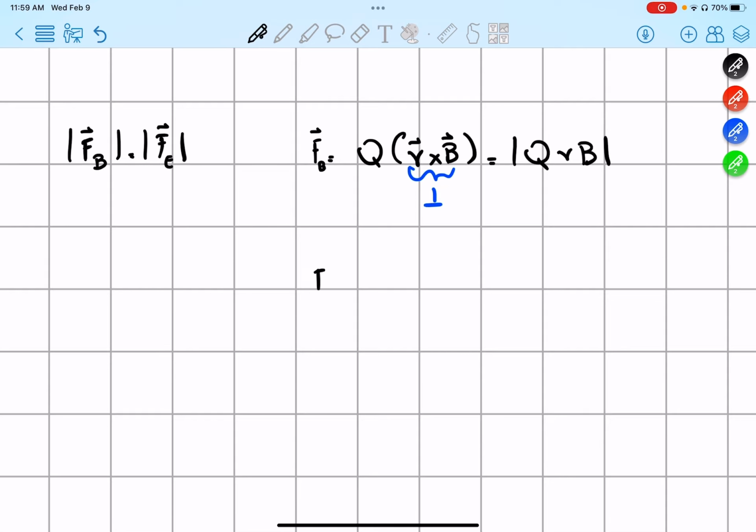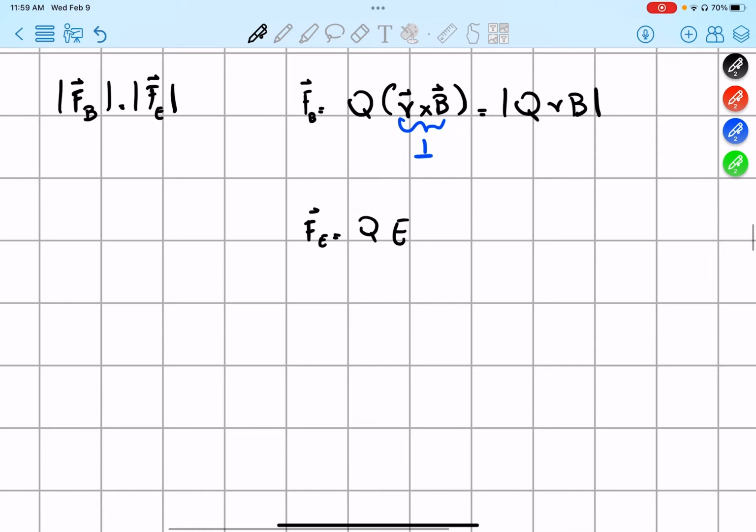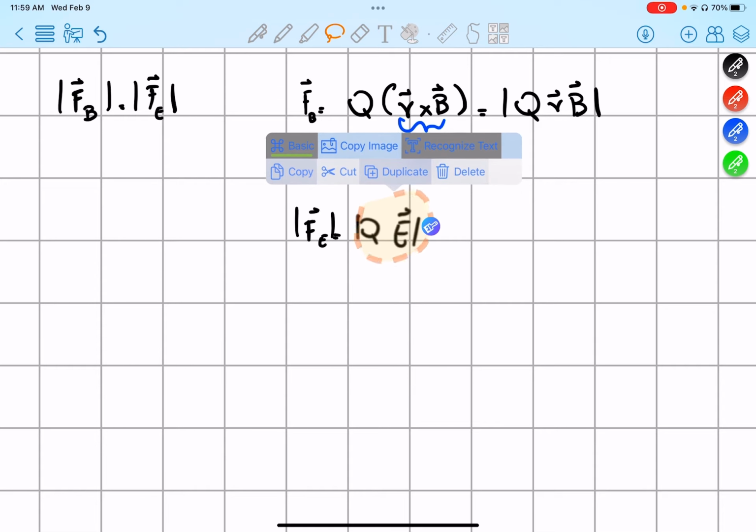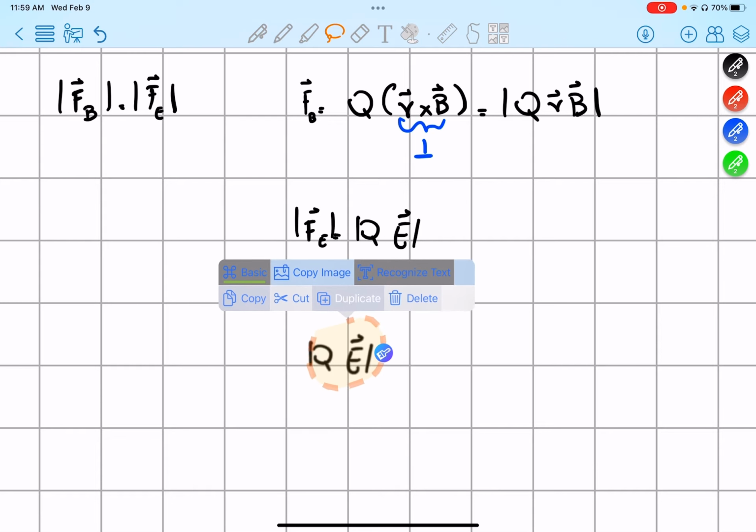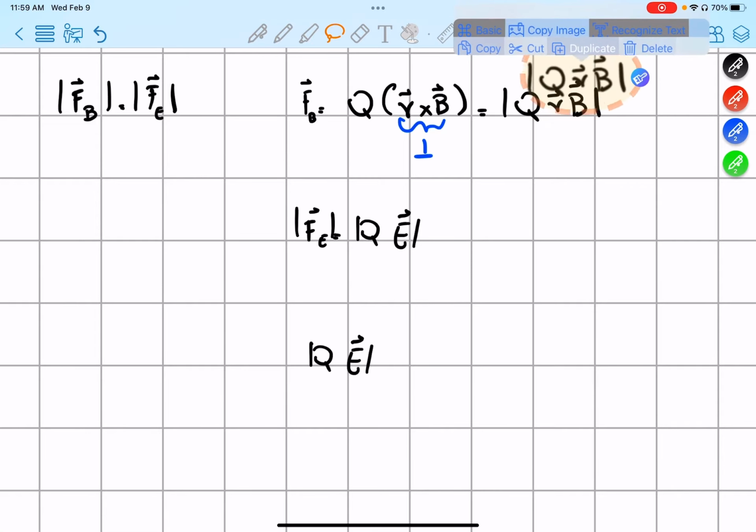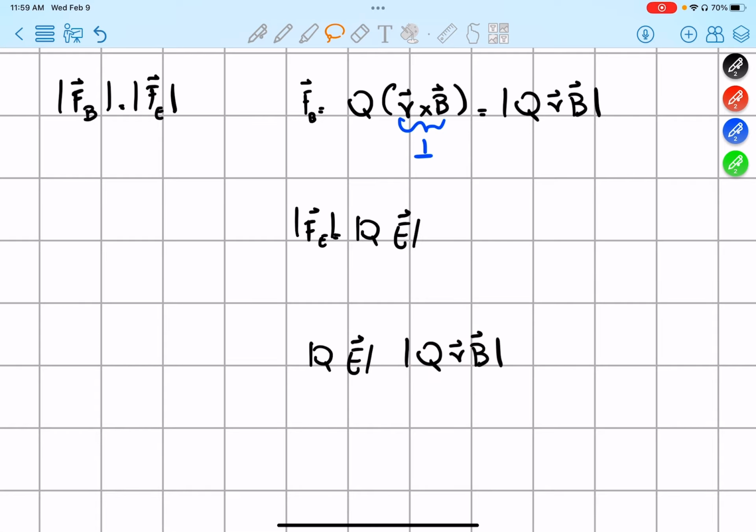Instead, the electric force is a little bit easier, it is simply Q times E. And of course, we have to find the magnitude of this. So we're going to simply put these two equal to each other. I'm going to have this, actually duplicate it, equals this. I can get rid of the magnitude signs, of course.